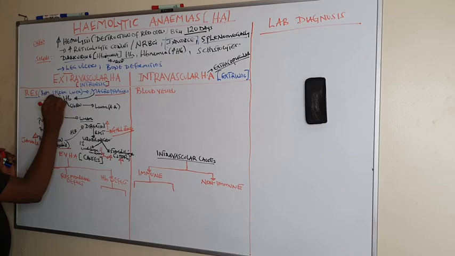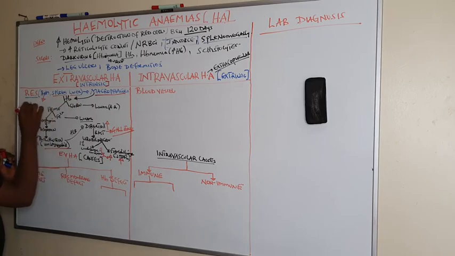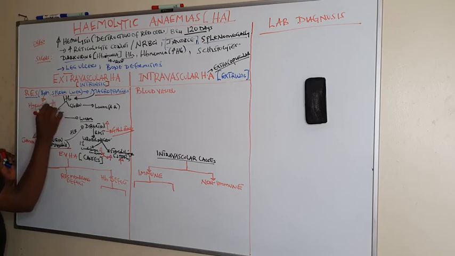And because the spleen and the bone marrow are overworking, we shall look at the bone marrow having hypercellularity. There will be hypercellularity in the bone marrow.